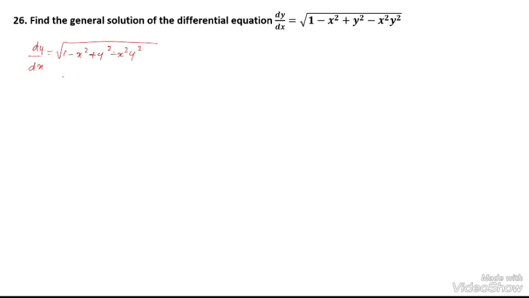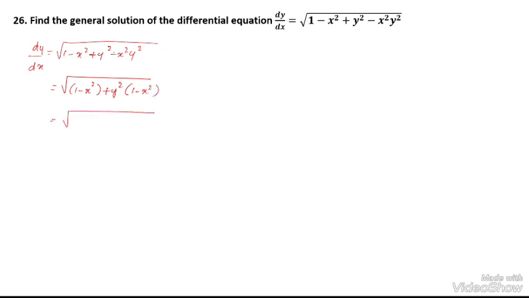Okay, here first I have to separate dy and y terms on one side and dx terms on another side. So first here x squares are common. So I will take 1 minus x square plus, taking y square common, then it becomes 1 minus x square.